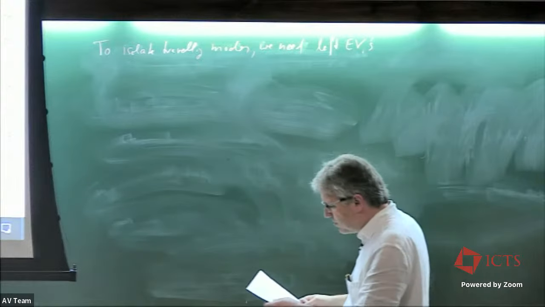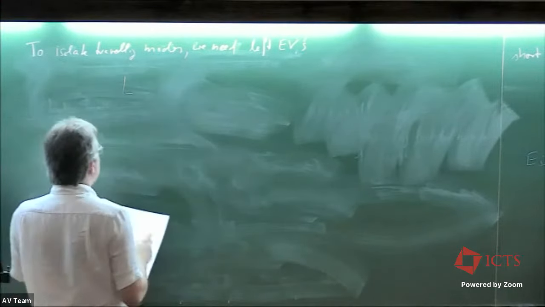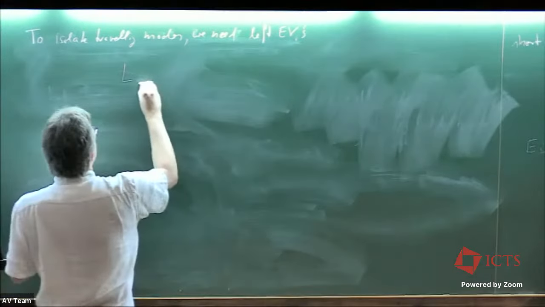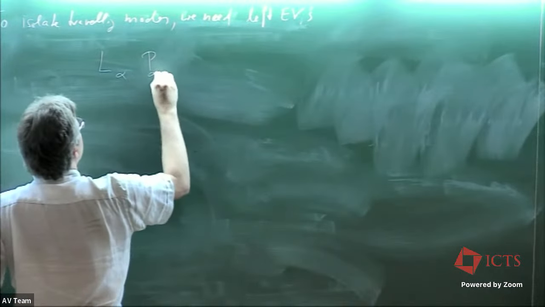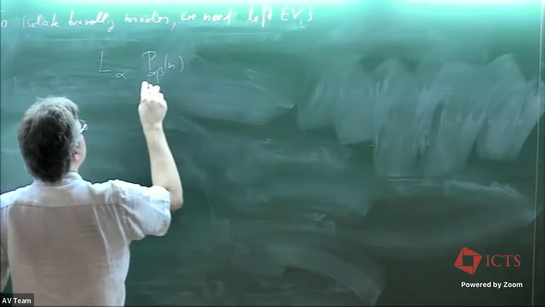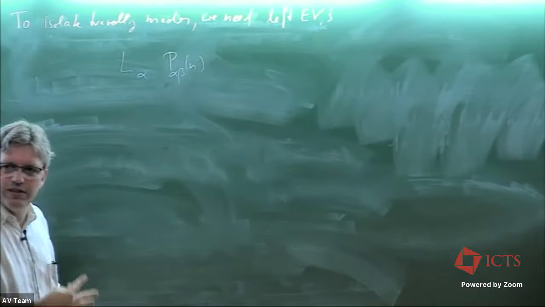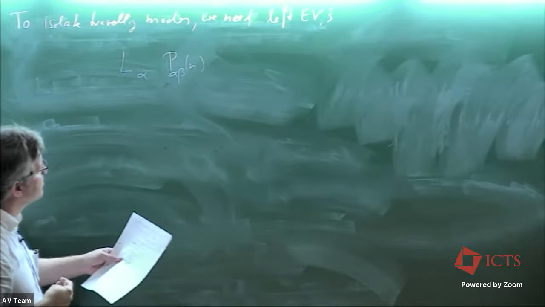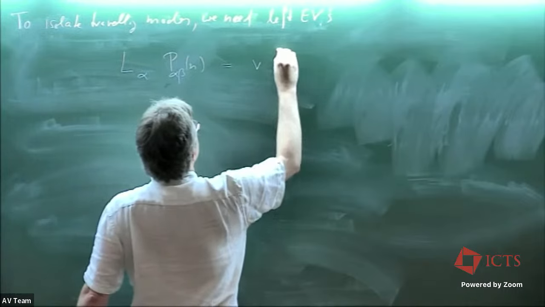And so just to remind you what left eigenvectors are, I'm calling them capital L, alpha, P alpha beta of n. So the P is our B matrices dotted into the n direction, still the same as before, equals V left.